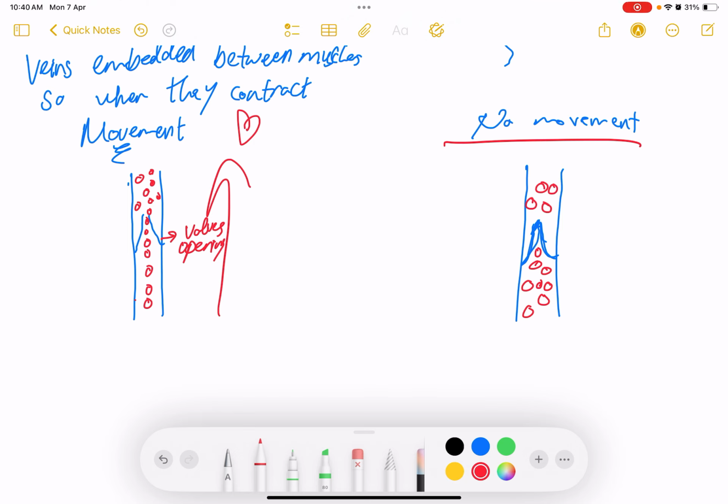Because with no movement, there's no squeezing of blood, so blood is going to move backwards here. I don't want the blood to move backwards, so I close the valves to prevent the blood that was already beyond the valves from flowing backwards.